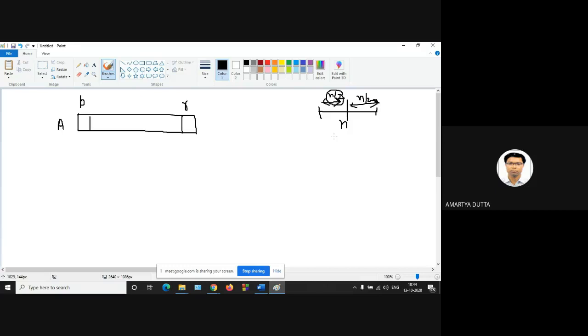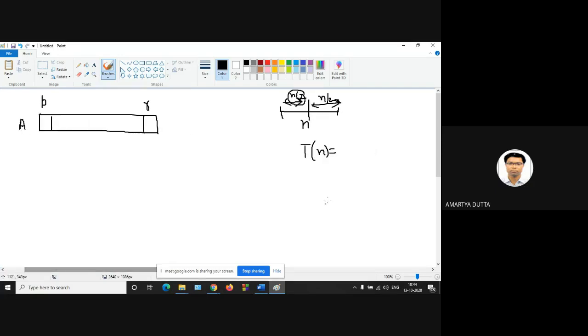Binary search depends upon the divide and conquer approach. First of all, we have to divide the whole array problem into two halves in case of binary search. If the problem size is n for binary search, then the subproblem size will be n by 2.